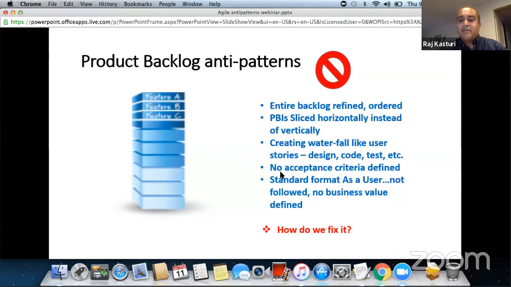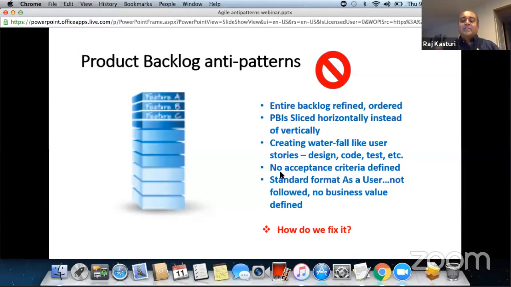Another anti-pattern: standard format, as a user, not followed, and no business value defined. I know that according to the Scrum guide, you don't have to use user stories, but they are very popular, right? But if you're doing it, make sure that you follow that format.